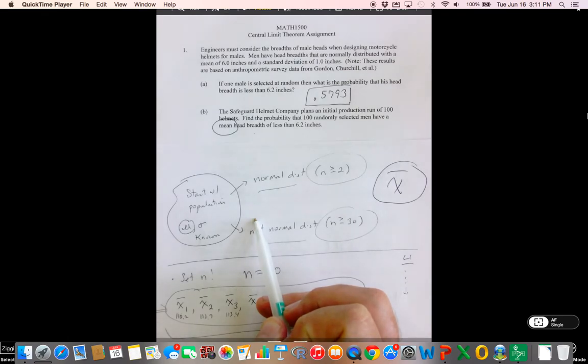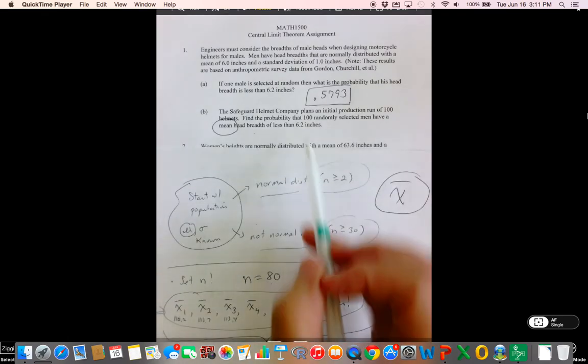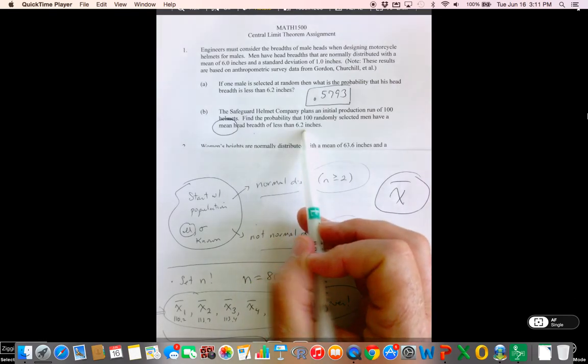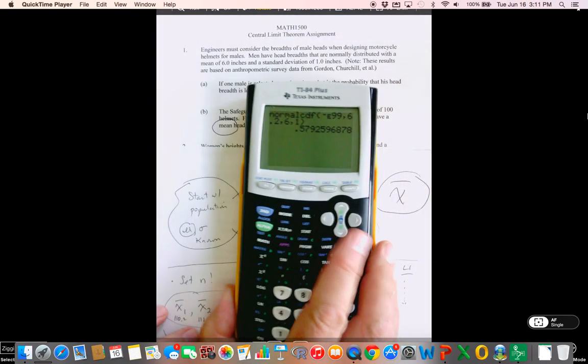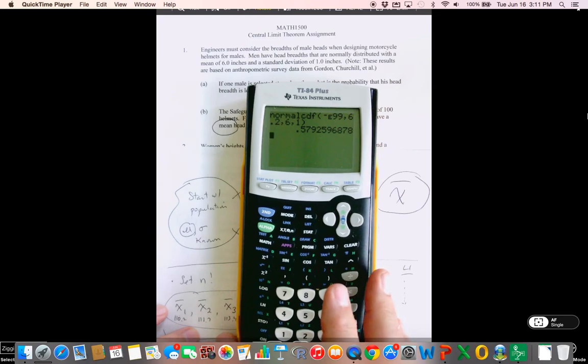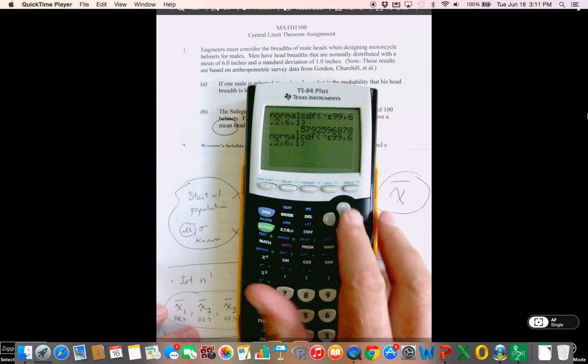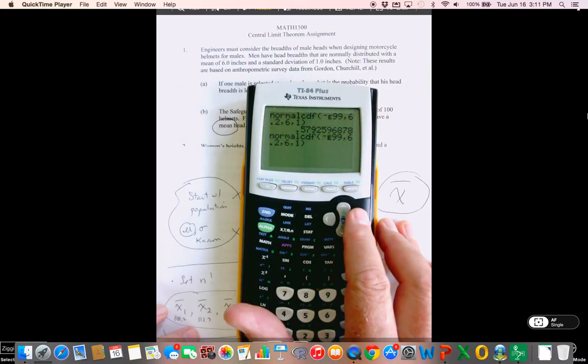So what I would need to do here is work the problem the same way. Less than 6.2 is negative E99 up to 6.2. The mean is 6. Guys, in these problems, what do you have to do?